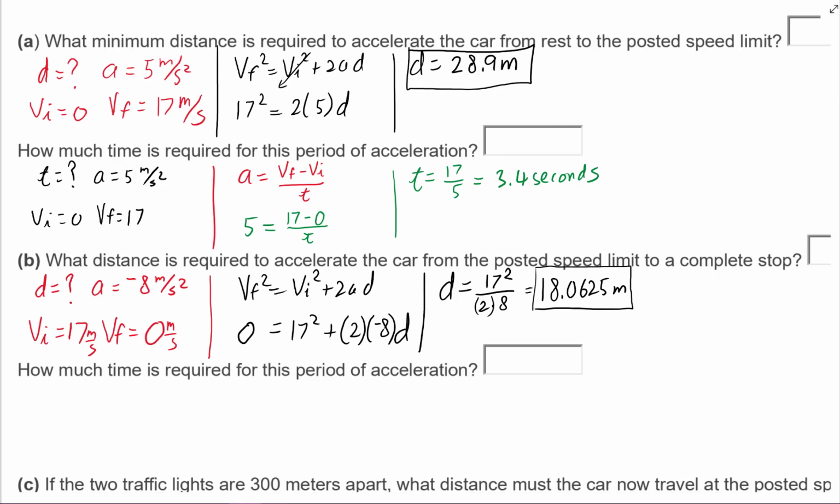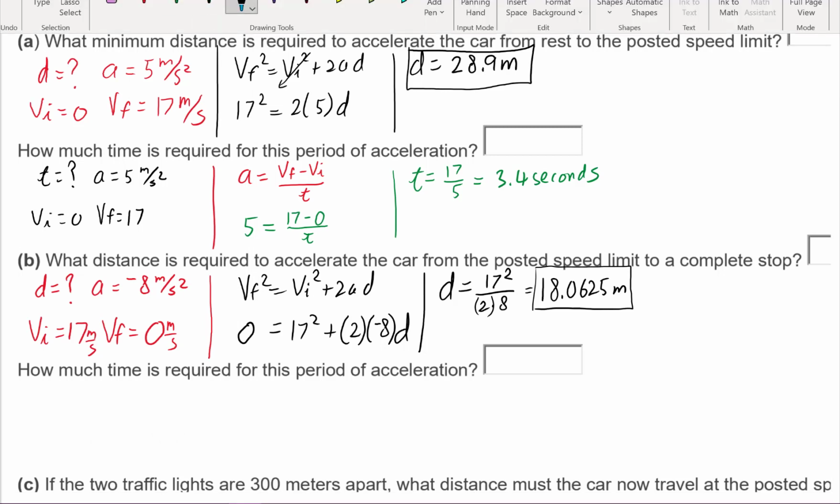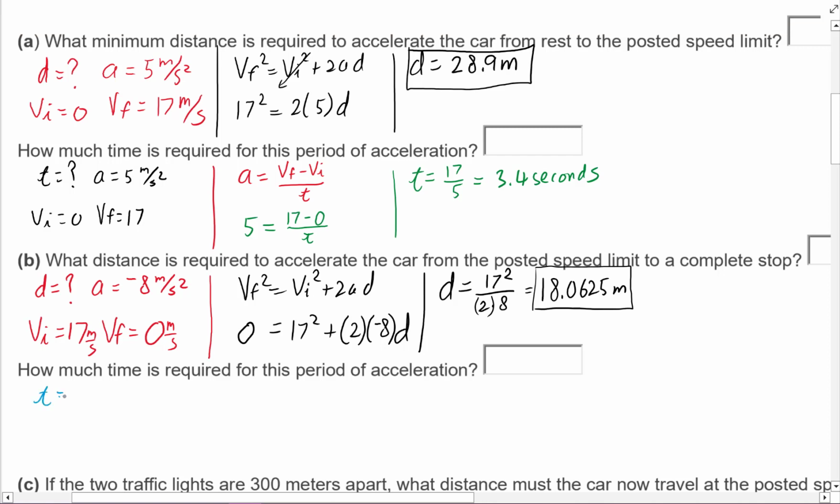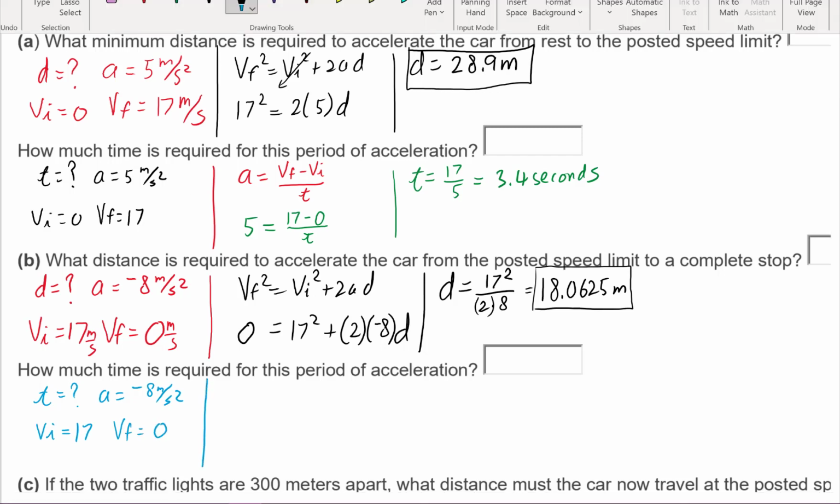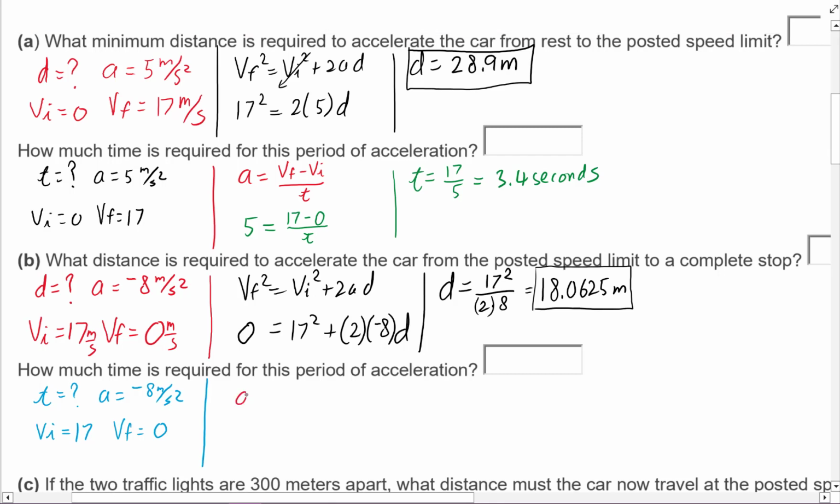And now how much time was it required? The time is equal to how much? So we have the acceleration is equal to -8 meters per second squared, an initial speed of 17 and a final speed of 0. So the formula that we use will be acceleration is Vf minus Vi all over t.